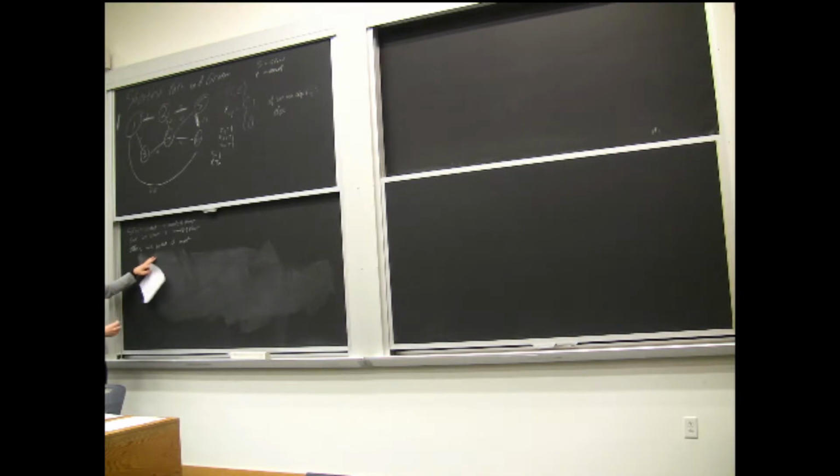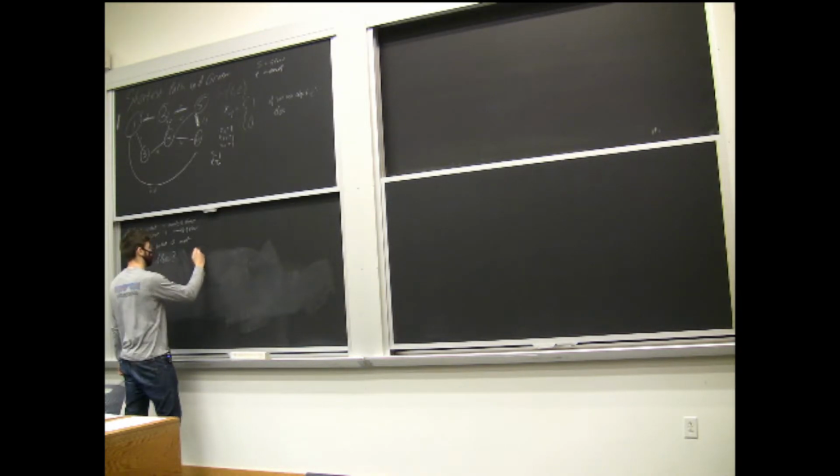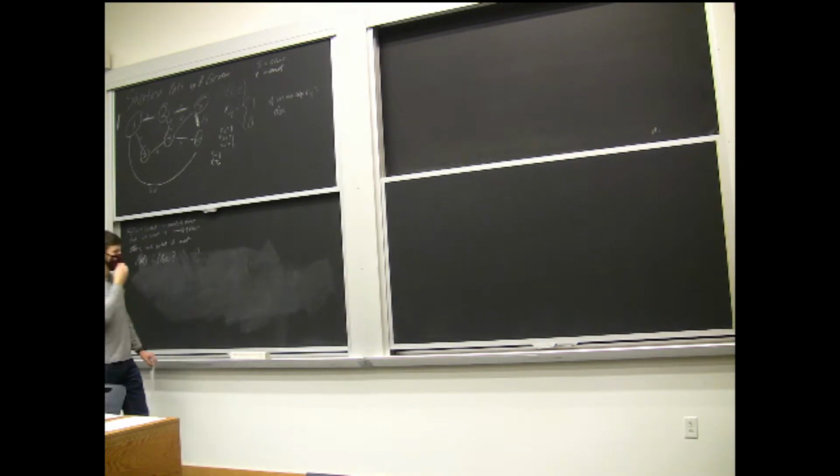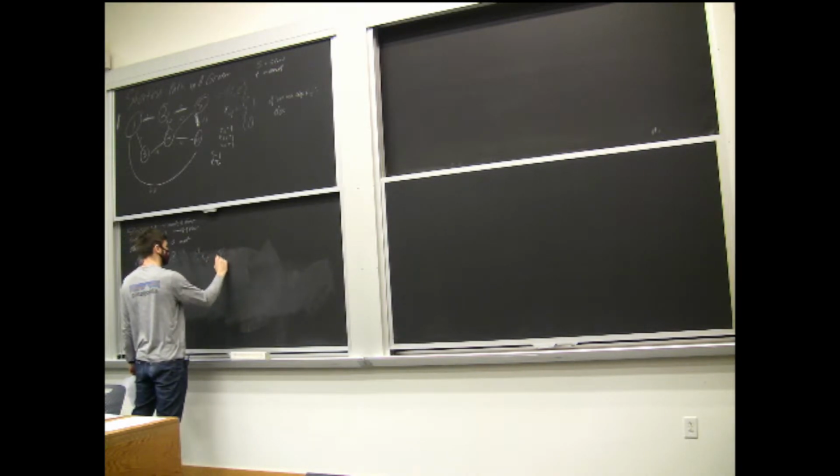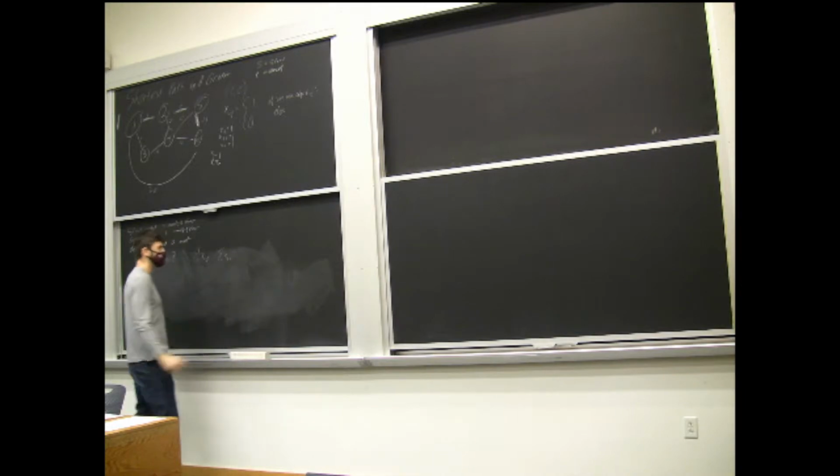So what is the flow out of node 1? Exactly. So the flow at a node is going to be the sum of xij minus the sum of xji, right?